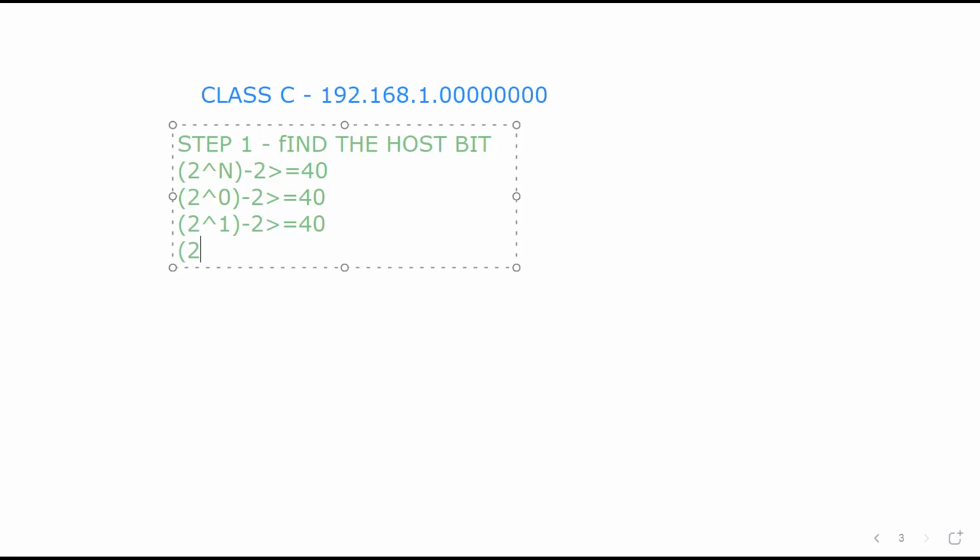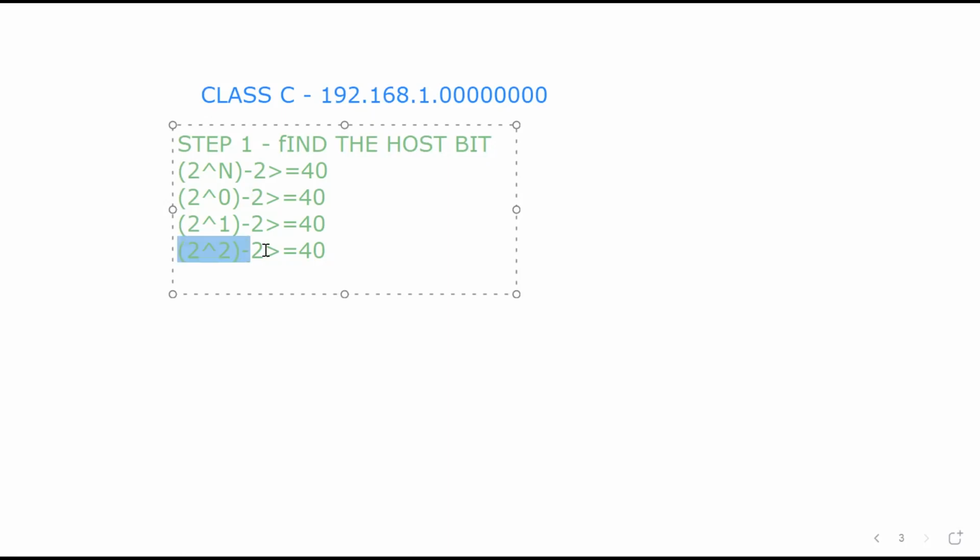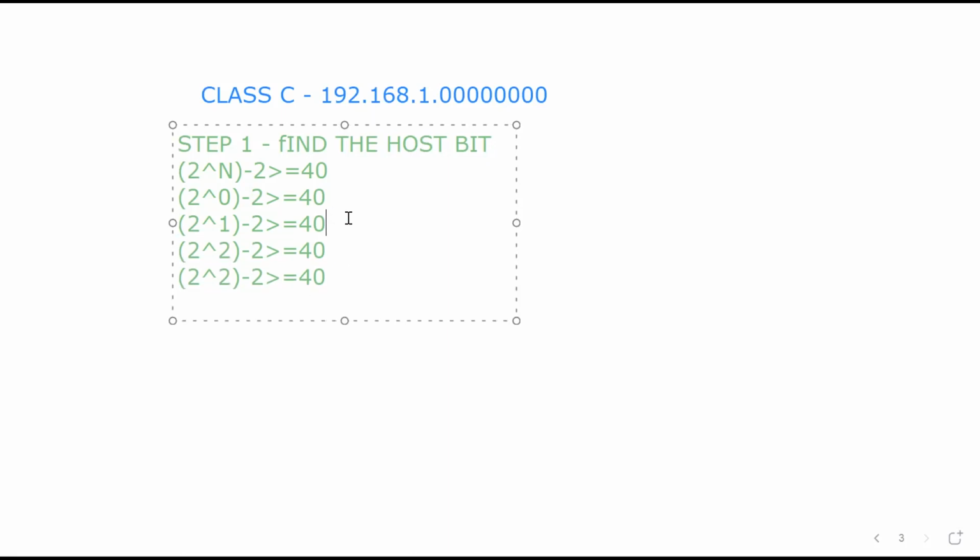No. Then 2 to the power 1 minus 2 is greater than or equal to 40? No. Then 2 to the power 2 minus 2, no.